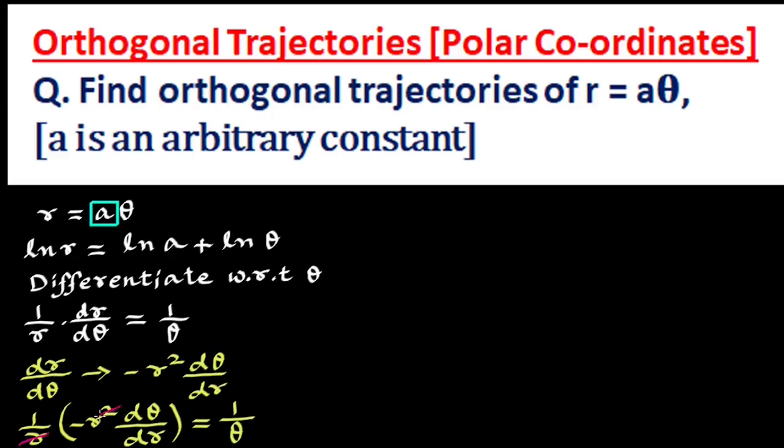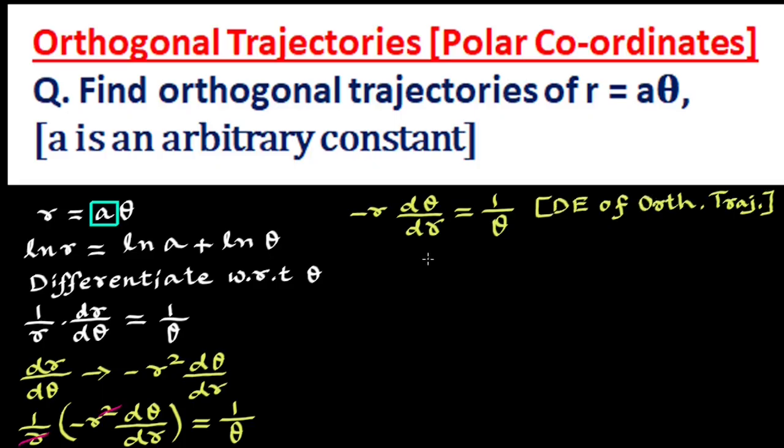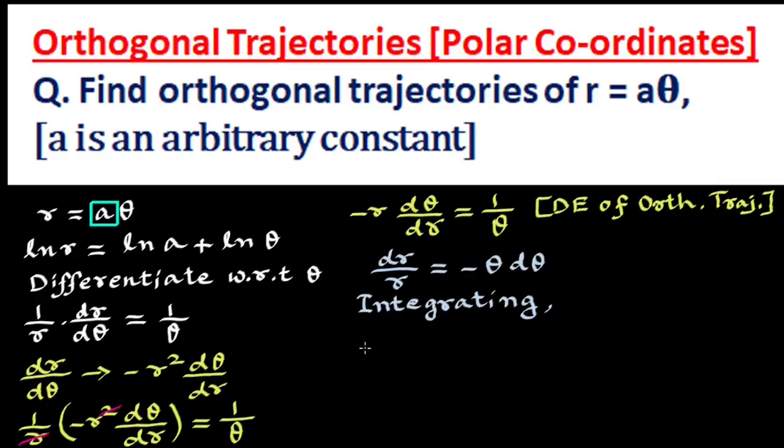Cancelling 1 r, we get minus r d theta by dr equals 1 by theta, which is the differential equation of the orthogonal trajectories. Separating the variables, dr by r equals minus theta d theta. Integrating, we get ln r equals minus theta square by 2 plus ln c, the constant of integration.